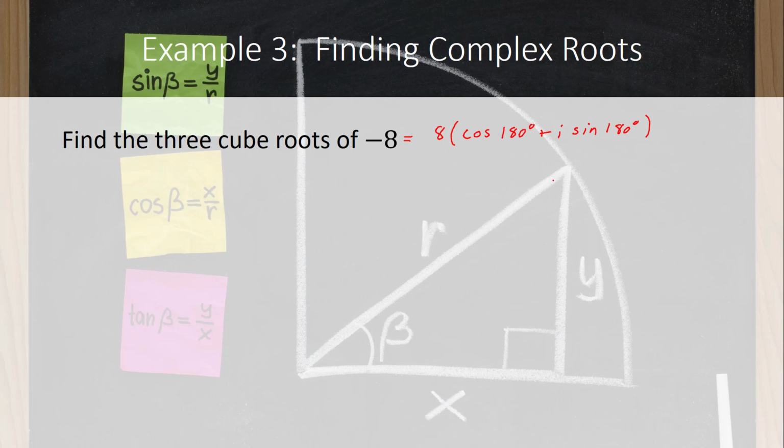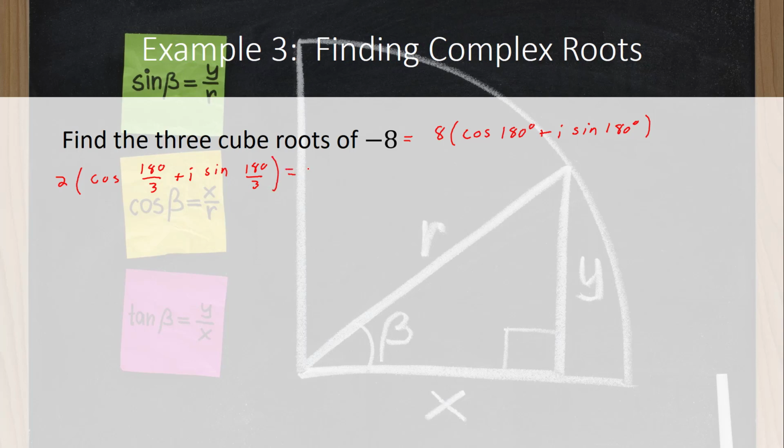If that's the case, and once we have that, we can apply our nth root theorem to find the 3 roots. The first root is going to be, well, first the cube root of 8, which is 2, times the cosine of 180 divided by 3 plus i times the sine of 180 divided by 3.